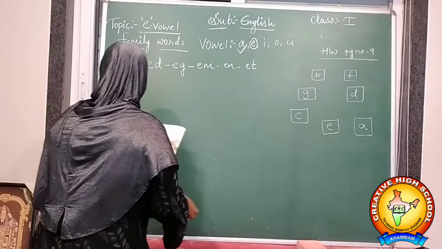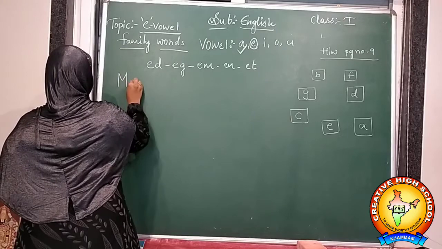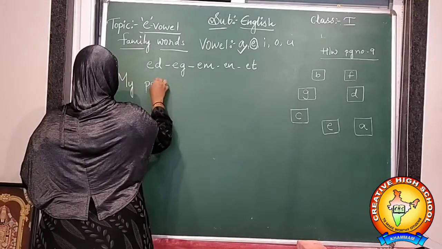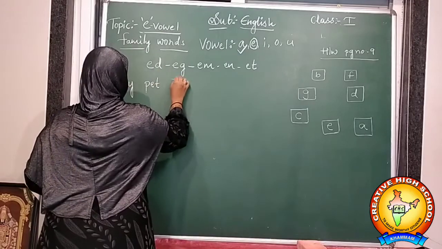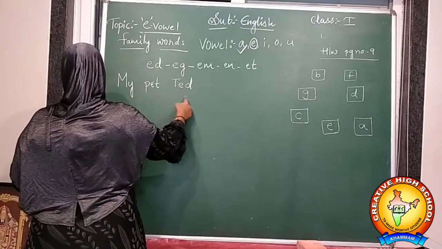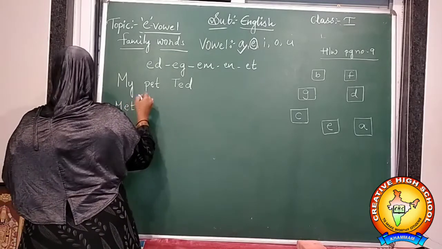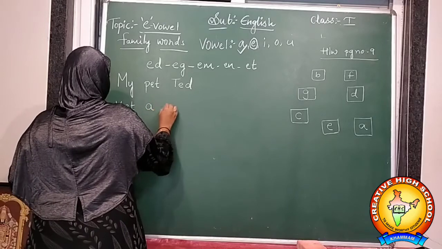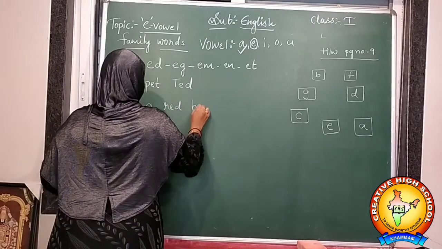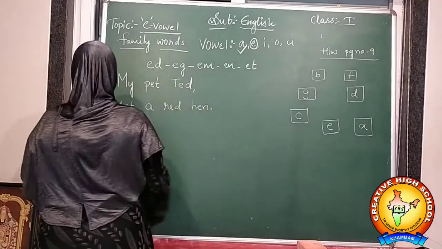So shall we write? Write there, see there: M-Y my, P-E-T pet, T-E-D Ted, my pet Ted, M-E-T met, R-E-D red, H-E-N hen, full stop.